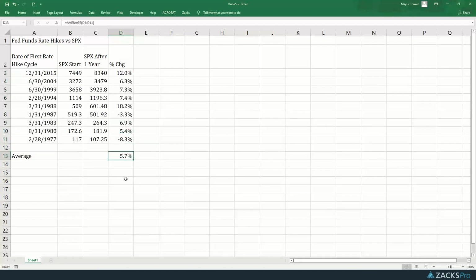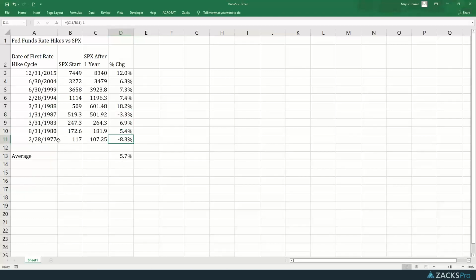On average, the market is actually up by about 5.7%. There have been a few times where the market was down, but really not by much. In 1987, that was one time that the Fed started raising rates. That was during the stock market crash of 1987, but it ended on not such a bad note, just down 3.3%.